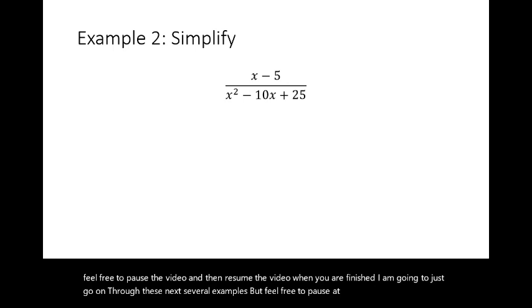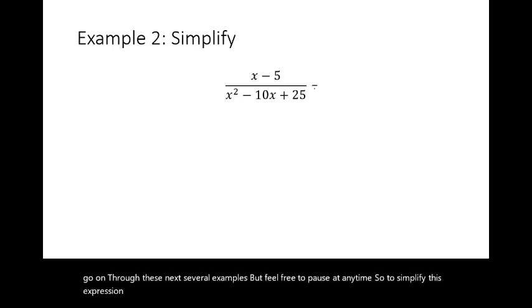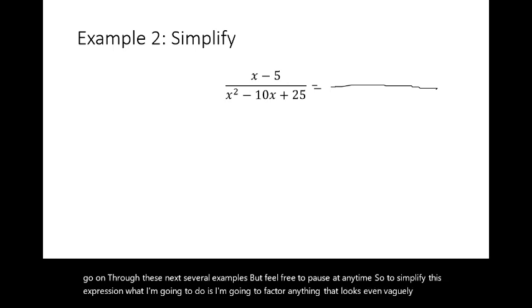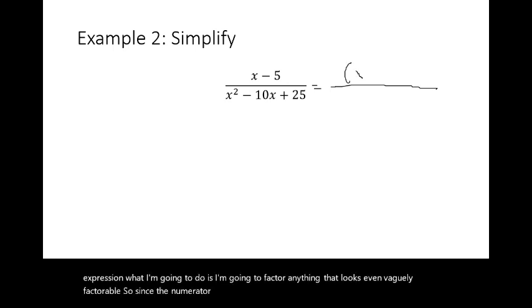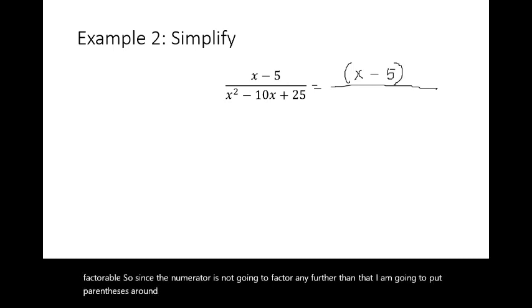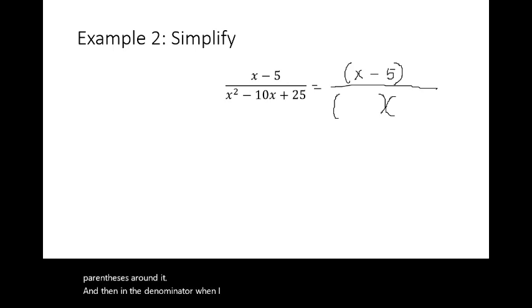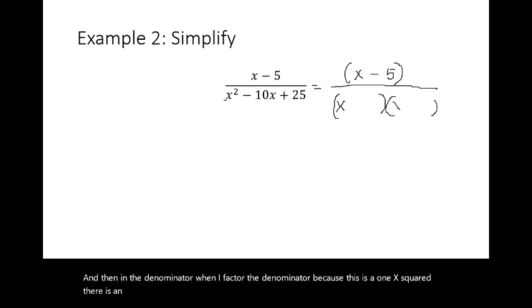So to simplify this expression, I'm going to factor anything that looks even vaguely factorable. Since the numerator is not going to factor any further than that, I am going to put parentheses around it. And then in the denominator, when I factor the denominator, because this is a 1x squared, there is an x here and an x here.